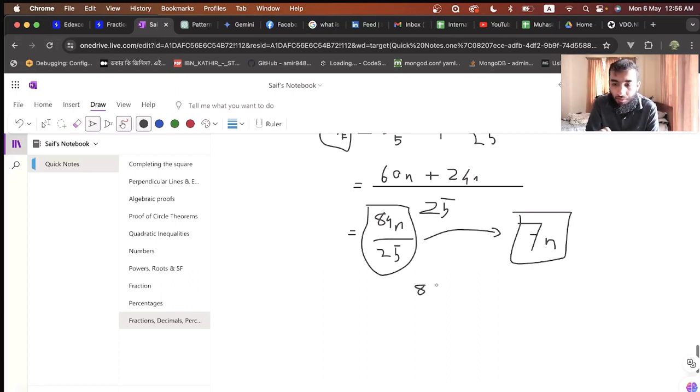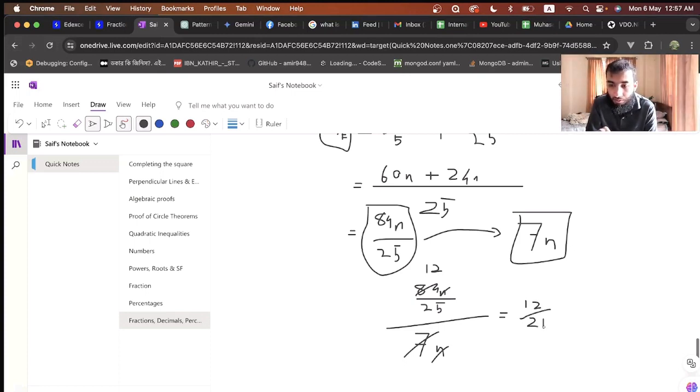If we divide 84n by 25 by 7n, we get the fraction. The n can be cut off, and 84 divided by 7 is 12, since 7 ones are 7 and 7 twelves are 84. So this would be 12/25.